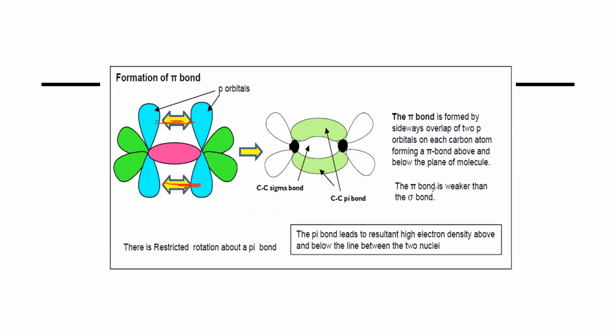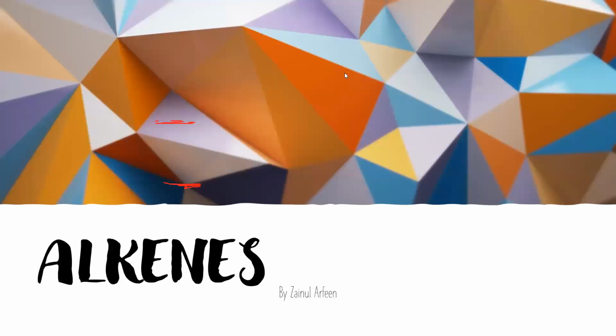Is it clear, the concept of the sigma and the pi bond? Any question or doubt till this point? So this is the topic alkenes.